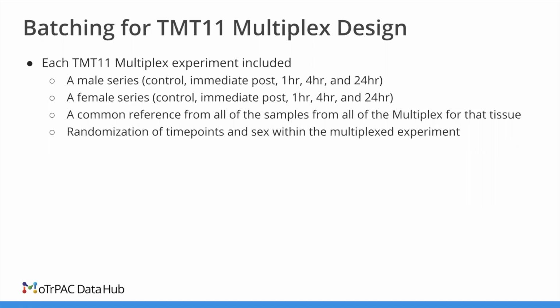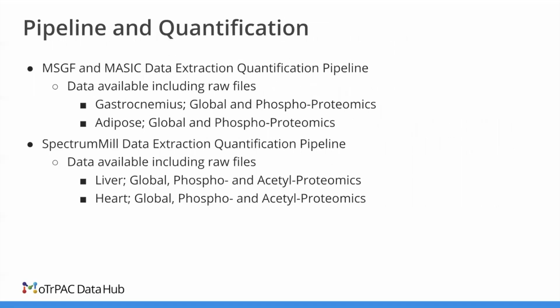There was a corresponding female series, so that produces 10 individual samples within each multiplex, and then the 11th plex is a common reference. We then randomize those time points and the sex within each multiplexed experiment. So what this produces is, because there are a total of 12 animals, 6 male, 6 female, this produces 6 total multiplexed sample sets or experiments.